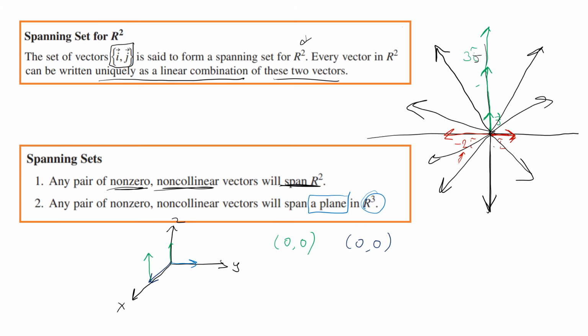I will add the green portion to the end of where the x coordinate is, and I will also put the y one onto here. So now if you look at here, what you have is not just a vector, it's a plane. So my vectors will span a plane in R cube, so it can be within here. That's why it says a plane in R cube.